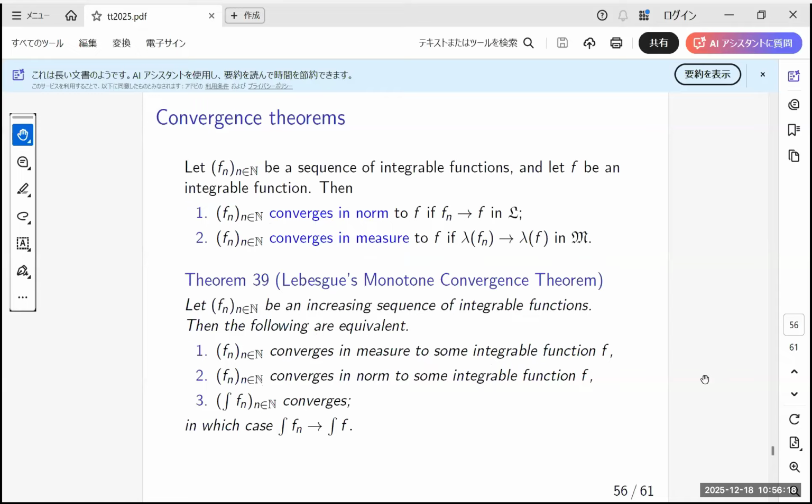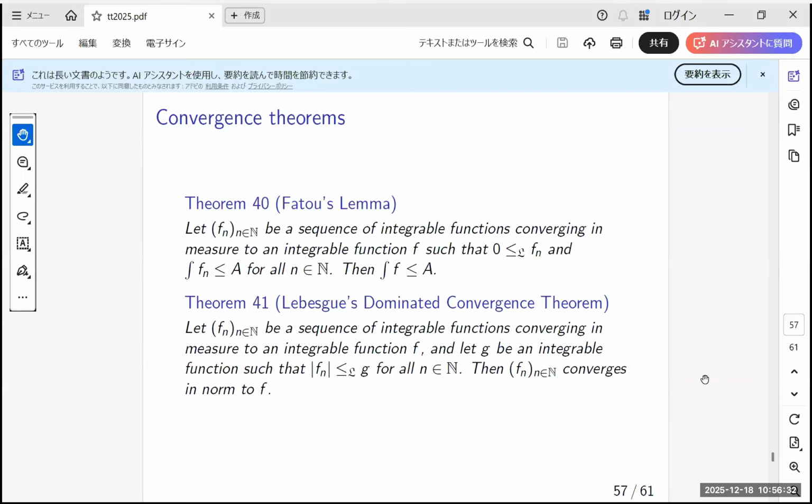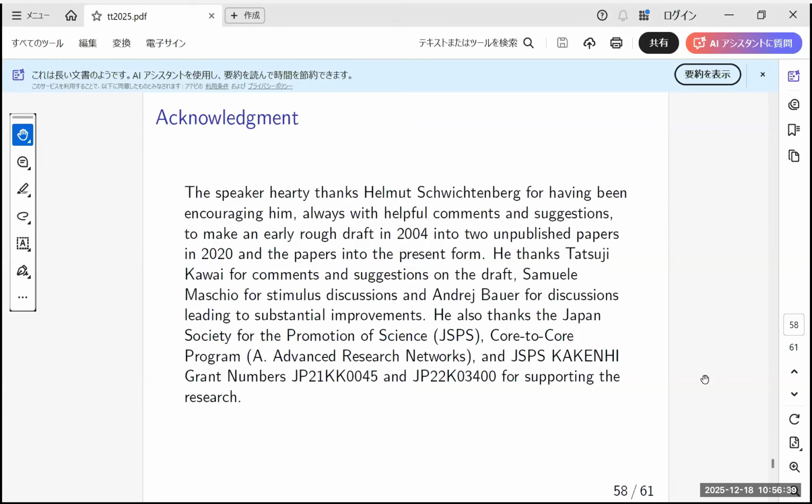And we can define convergence in norm and convergence in measure in this way, and then we can show the Lebesgue monotone convergence theorem. Okay, and also we can show Fatou's lemma and the dominated convergence theorem. And this is the acknowledgement. Thank you very much.